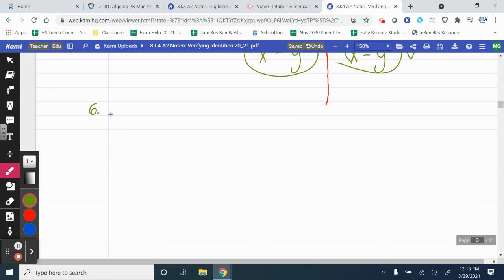Number 6. So I'm going to give you a right triangle. And the side lengths are 2x, x squared minus 1, and x squared plus 1. So I want you to show that these will be the side lengths of a right triangle as long as x is greater than 1.